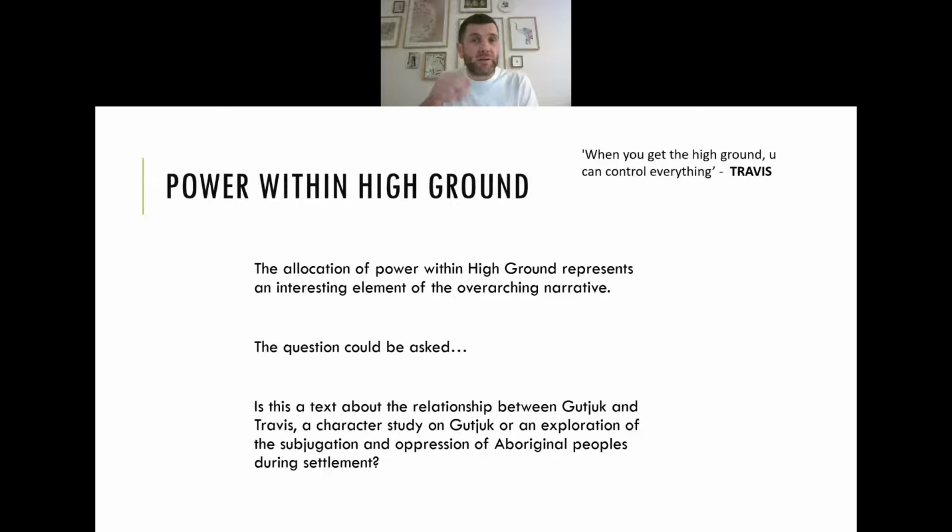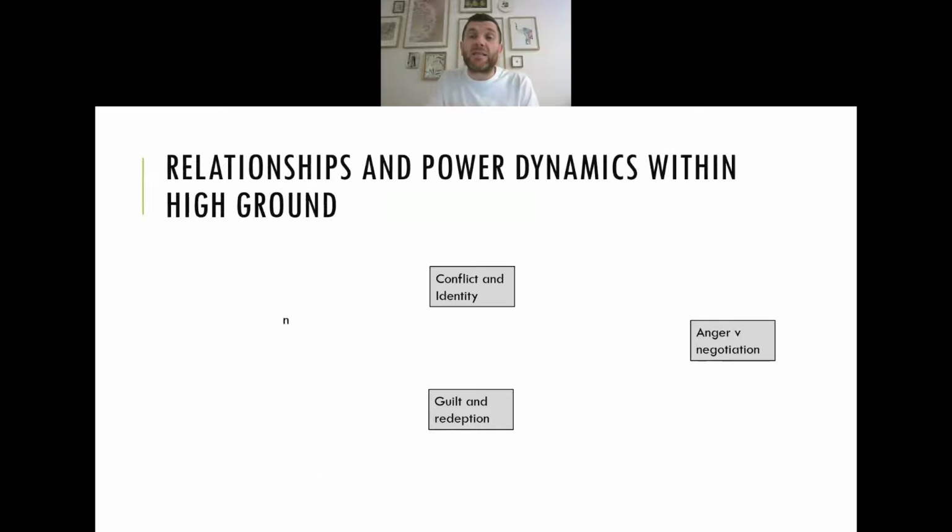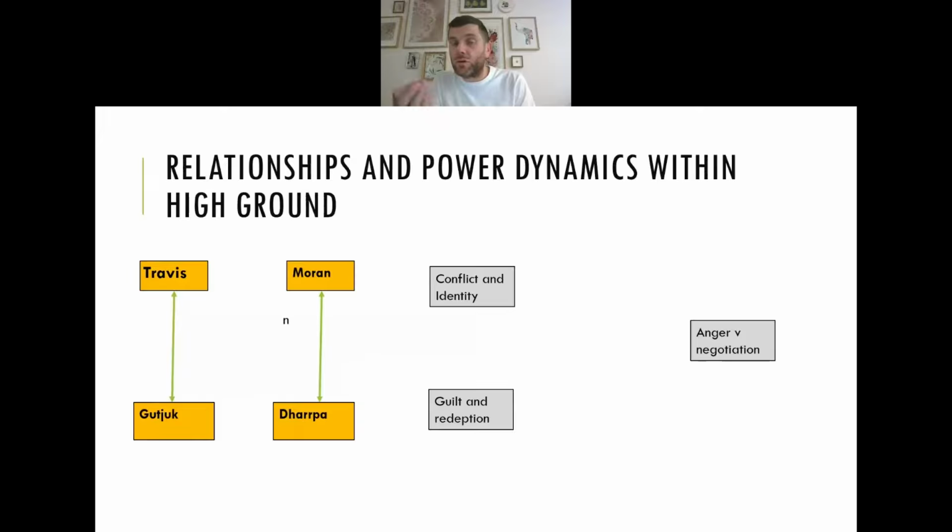So when we look at character, what I've tried to do here is just highlight the power dynamics and the relationships that are key within the film. The first one that I want to look at is Travis and Gutjuk. Then I want to look at Moran and Darpa, and then Gutjuk on his own, how his inner relationship is defined, and then the same for Travis.